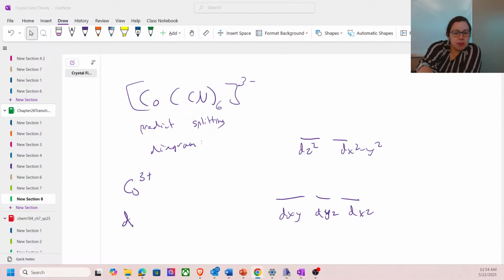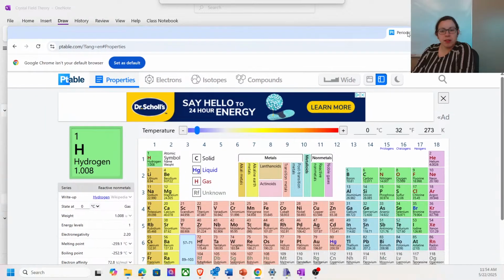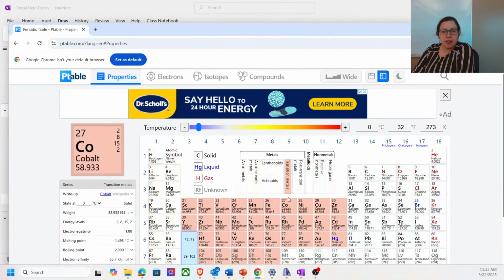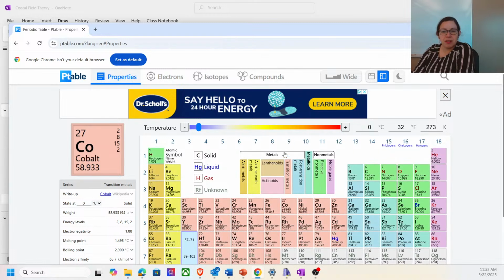So what is it neutrally, cobalt? I'll pull it up on the periodic table. We look at cobalt, it's the 27th element.